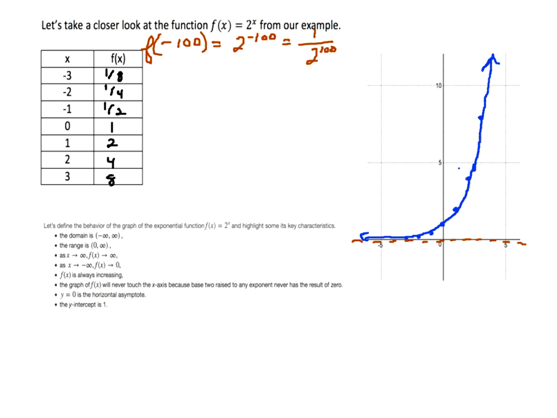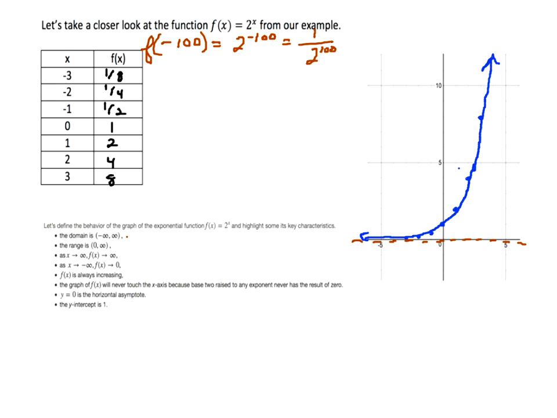So that's why we have a horizontal asymptote on the x-axis, because unless we transform this function and shift it around in the plane, we're going to have a horizontal asymptote at the x-axis. Actually, we'd have to shift in the vertical direction to get a different horizontal asymptote.